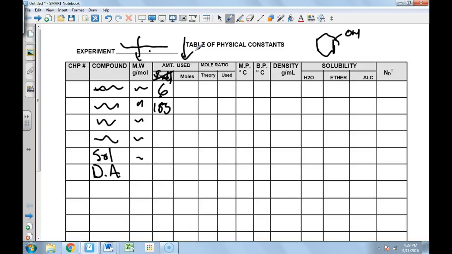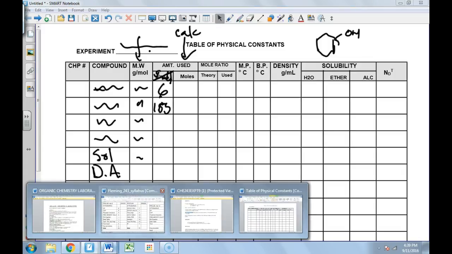Okay, now in this column you have to do a calculation. Very rarely do we give you the number of moles for each of those in the lab. We just calculate it. So you need to, on a separate sheet of paper, in a separate page in your lab notebook, write all the calculations that are referred to in this journal.